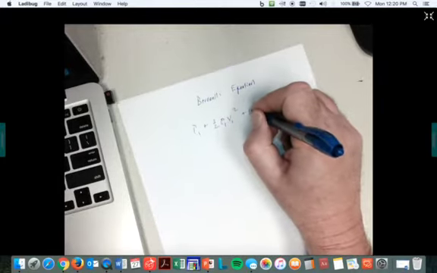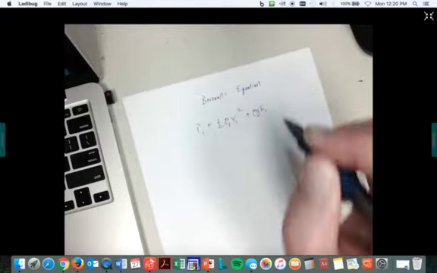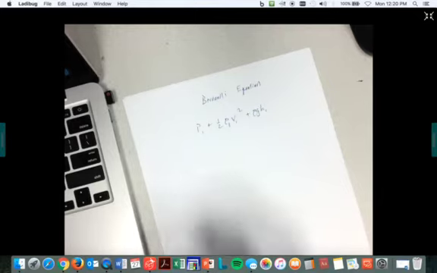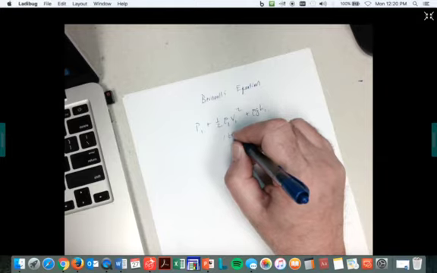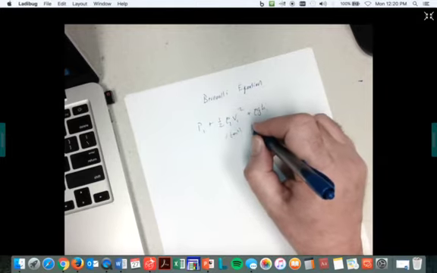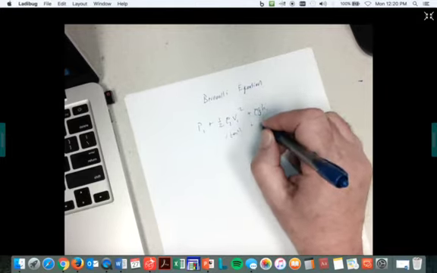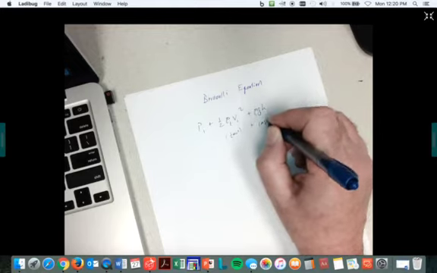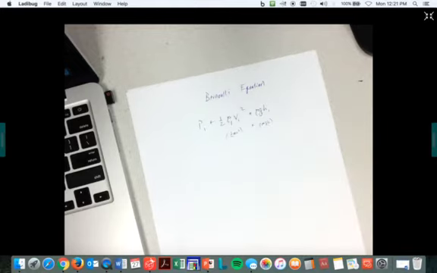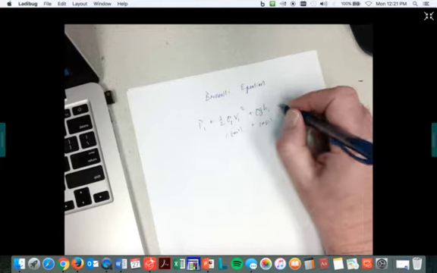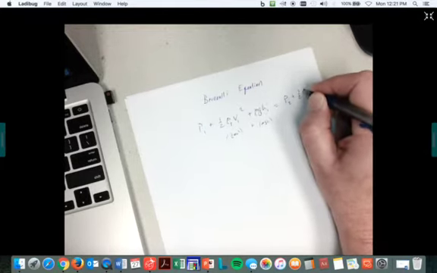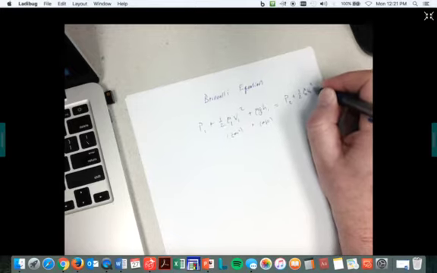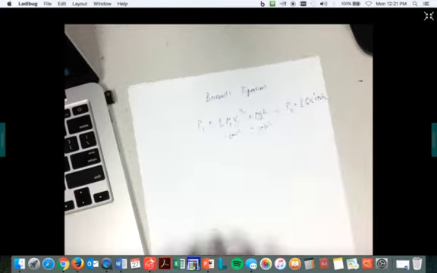Plus rho g h1. Wow. See, these are all analogous. This is the kinetic energy of the fluid. This is the gravitational potential energy of the fluid, and it is equal to P2 plus 1/2 rho V2 squared plus rho g h2.